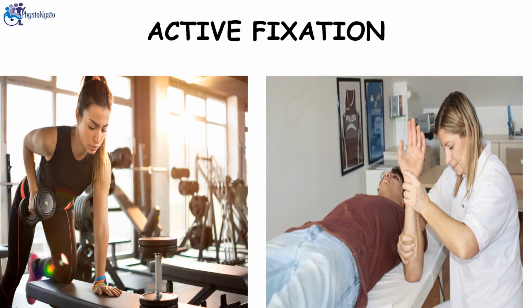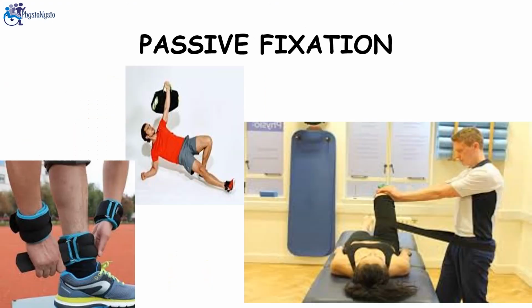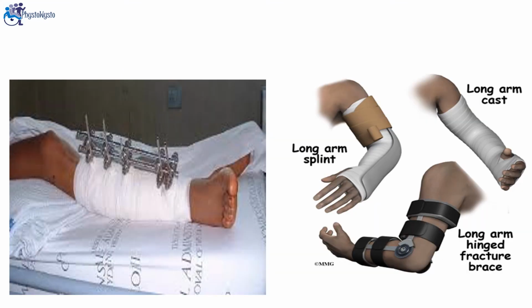Active fixation of joints is usually obtained by a slow contraction of muscles, either by the therapist or by the patient or client itself. Passive fixation is achieved by means of manual pressure, straps, or sandbags. In orthopedics, passive fixation is performed by screws and wires as well.